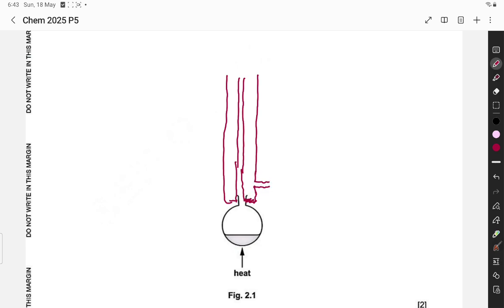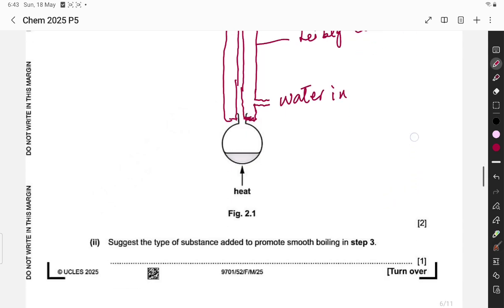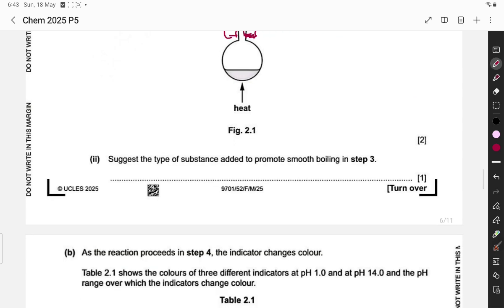This is the reflux condenser, a Liebig condenser, with water in at the bottom and water out at the top. It also suggests the type of substance added to promote smooth boiling: anti-bumping granules.